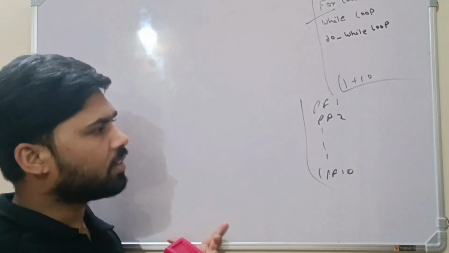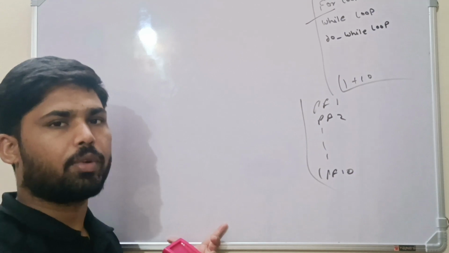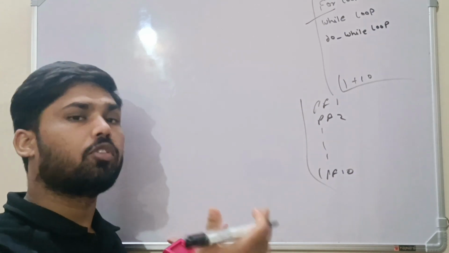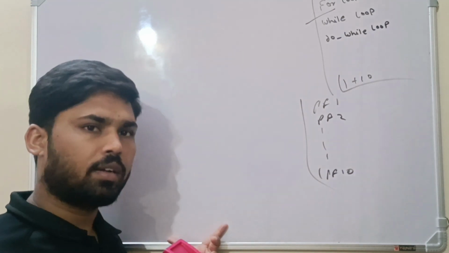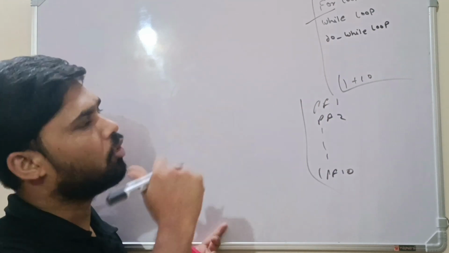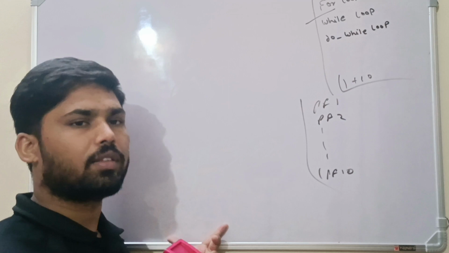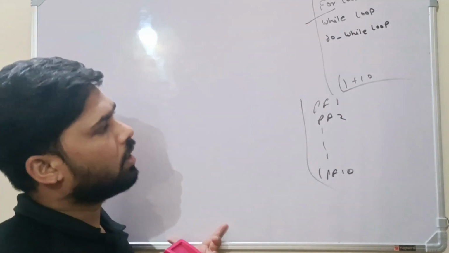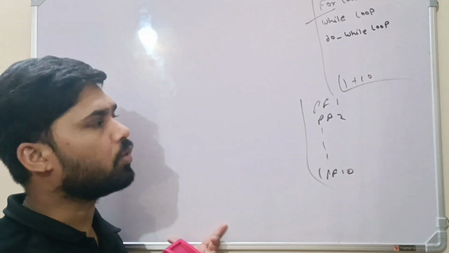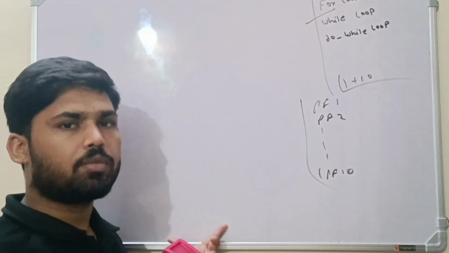But that is not the correct way. Suppose there are 1000 numbers, you can't print like that. So that's where the for loop came. With the help of for loop, within a single line, we can print numbers 1 to 10.